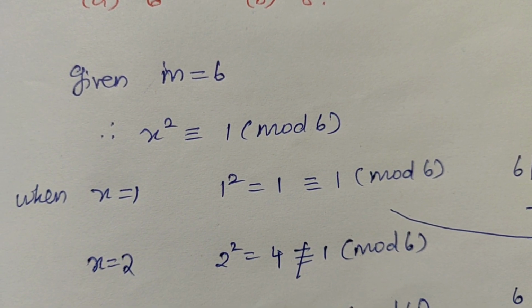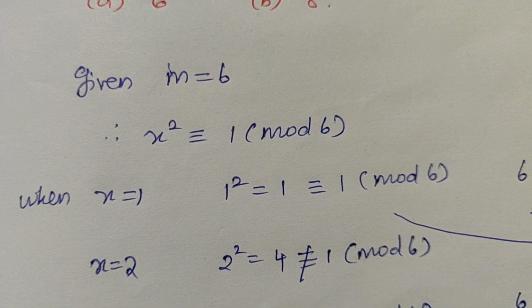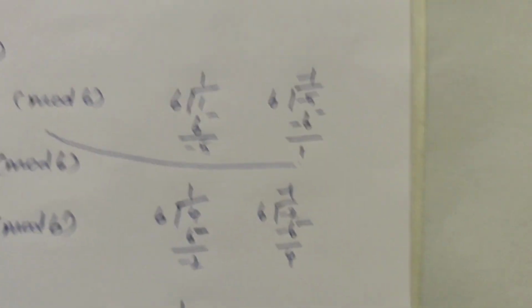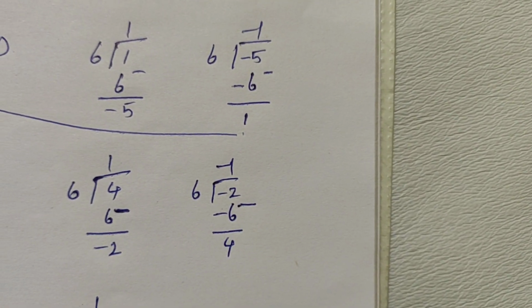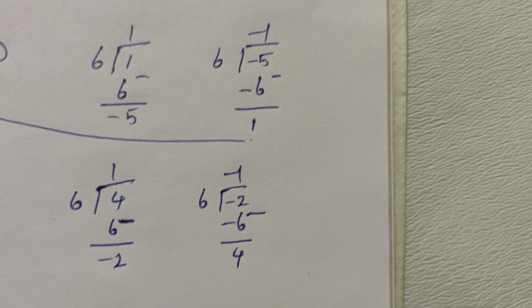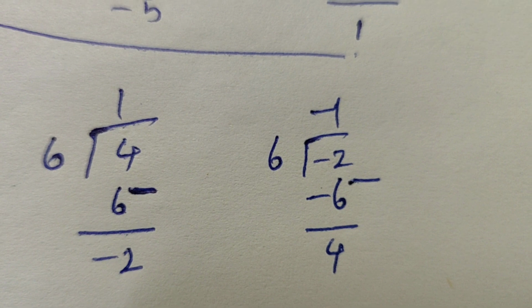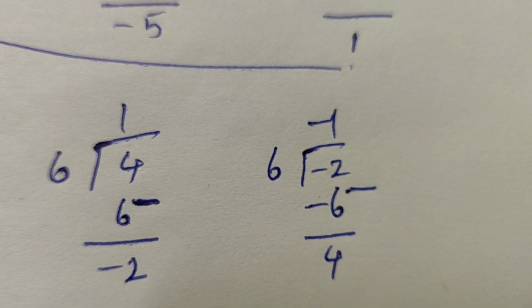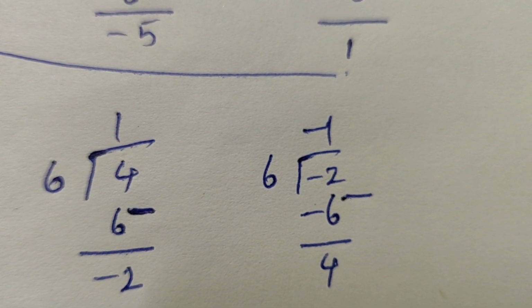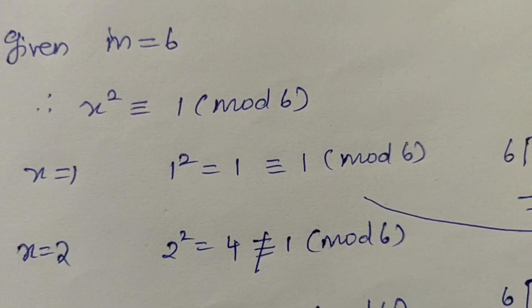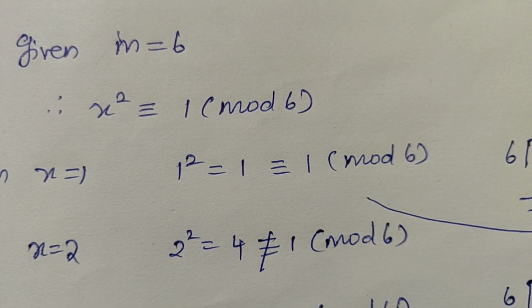Next, when x equals 2, 2 squared is equal to 4. Now divide this 4 by 6, then you will get the remainder minus 2, which is a negative value. So again adjusting this minus 2 by 6, you will get the remainder 4, which is not congruent to 1 mod 6.